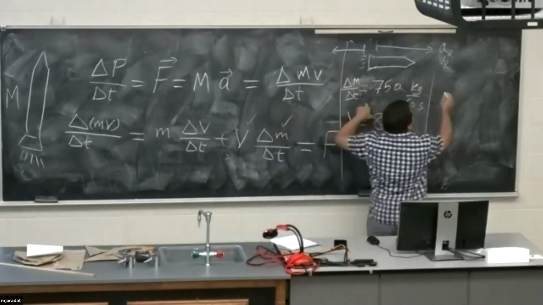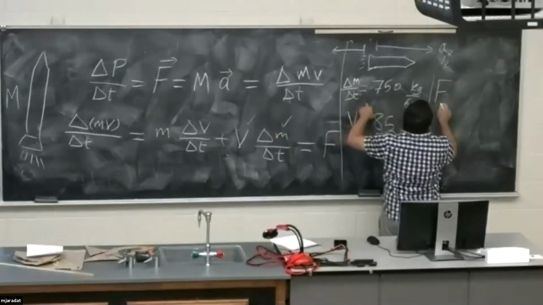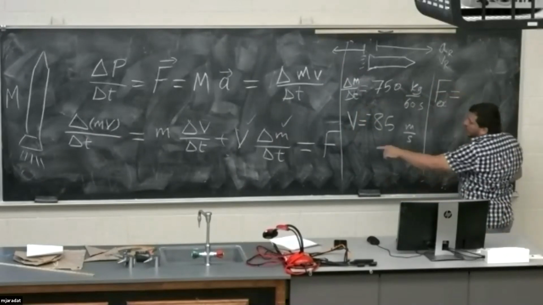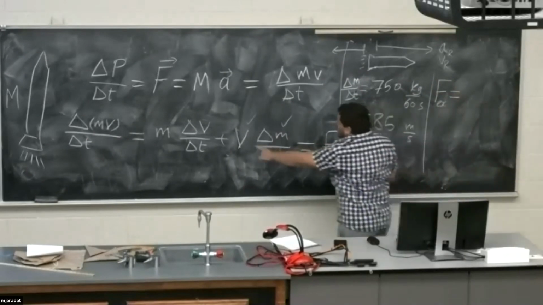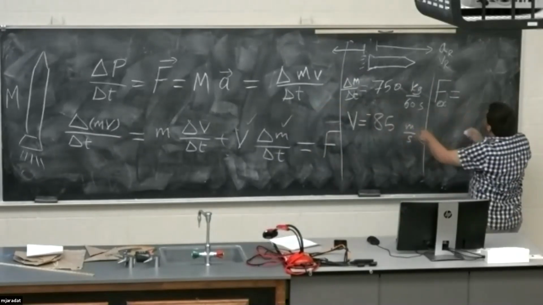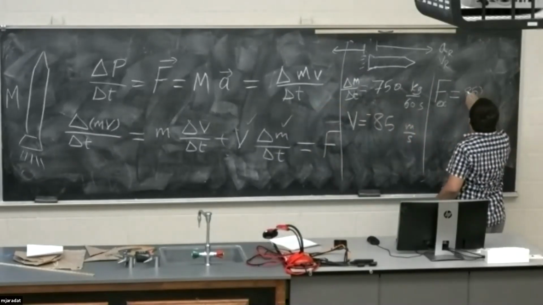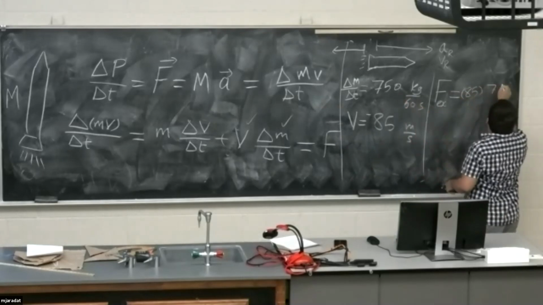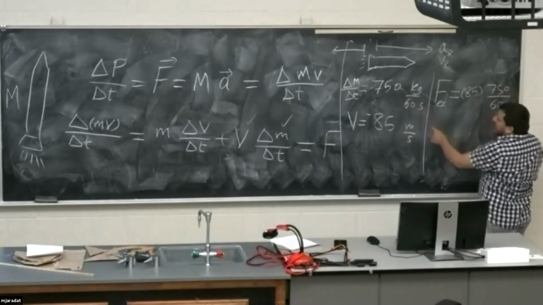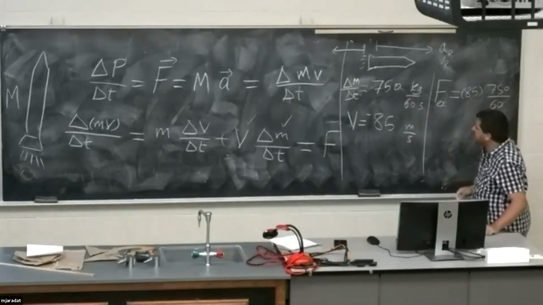The force by the exhausted material is equal to the velocity times delta M over delta T, which is 85 multiplied by 750 over 60 seconds, because the time is a minute.